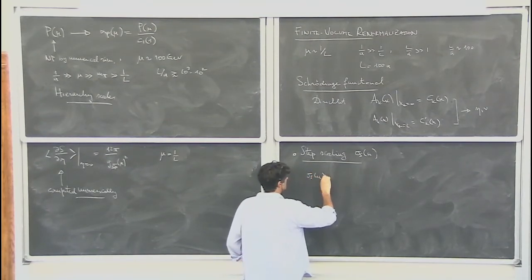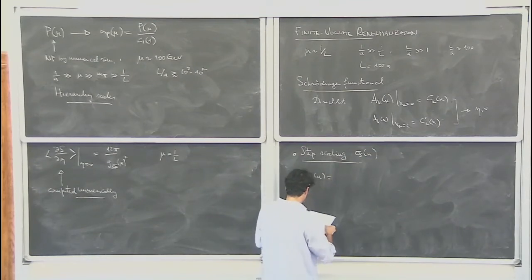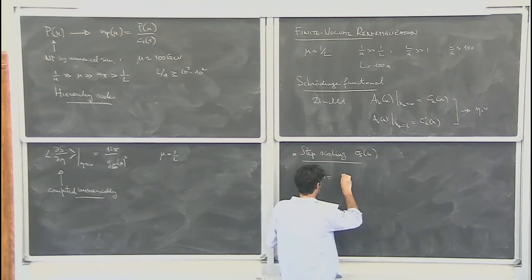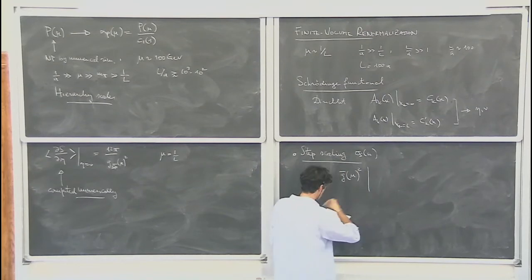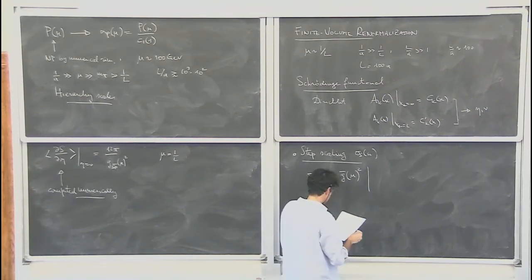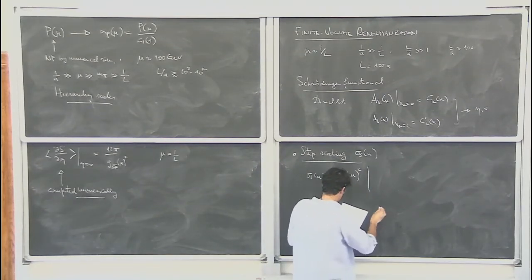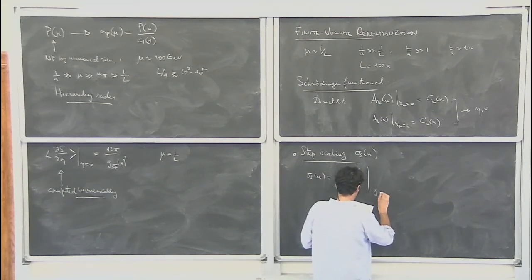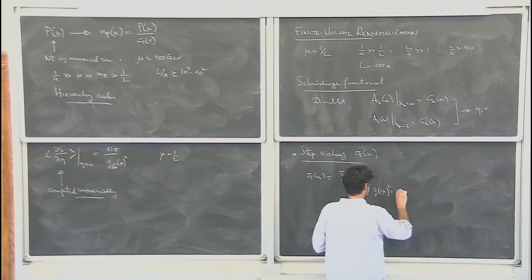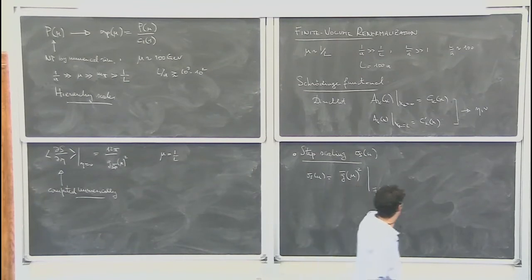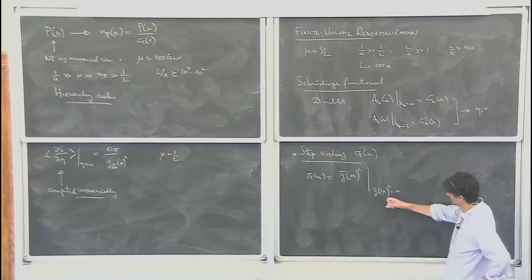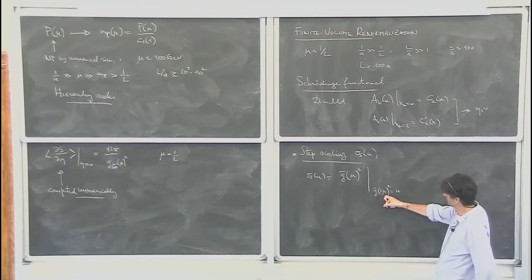Sigma_s of u is the value of the coupling at the scale mu, given the value of the coupling at a scale s times mu.